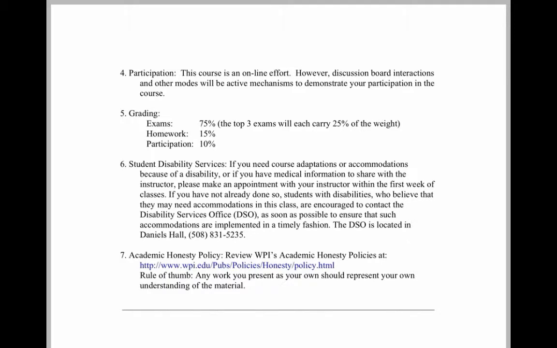The participation, I really do want participation from you. I want you to figure out how you can best communicate with me and with the other students in the class. Initially, I would like to use the discussion board. I am trying to get the IT department set up so that we can offer an edX style course.